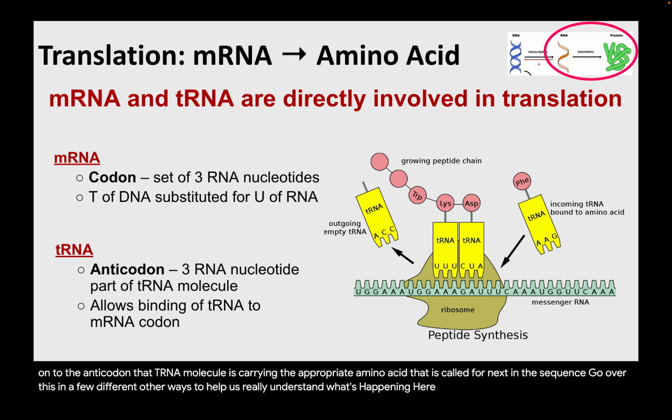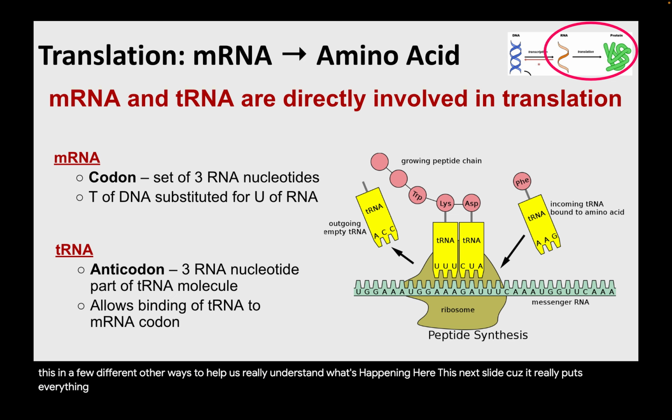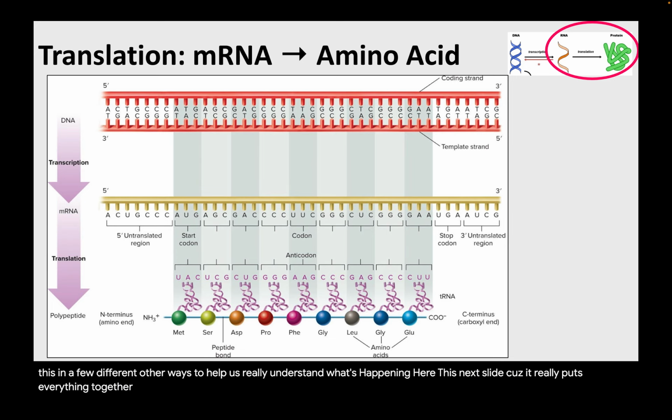All right, I like this next slide because it really puts everything together. Transcription and translation. If we look at the top, we have our DNA strand. We know that one strand is going to be transcribed into mRNA.